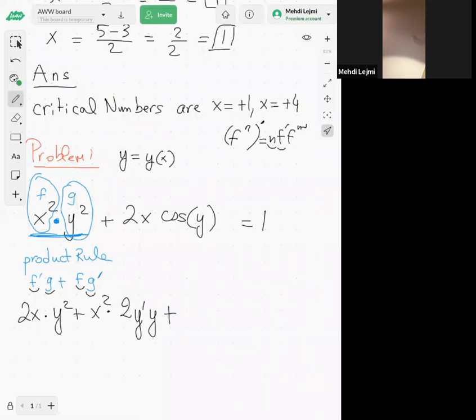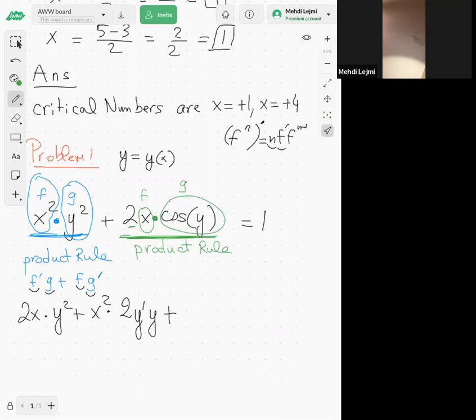Plus now the second term here. We have this 2x times cosine of y. So it's a multiplication, right? This is a product, so we're going to use, again, the product rule. Now, the 2 here is a constant, and we can just keep the constant. So I have my f is x, and my g would be the cosine of y.